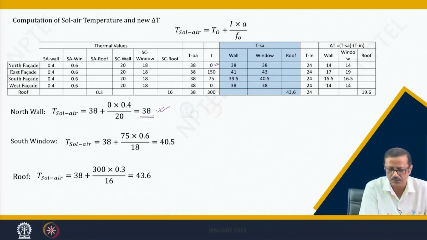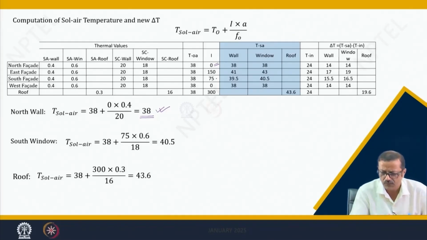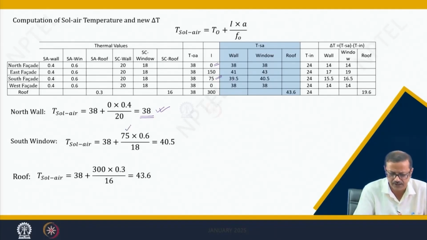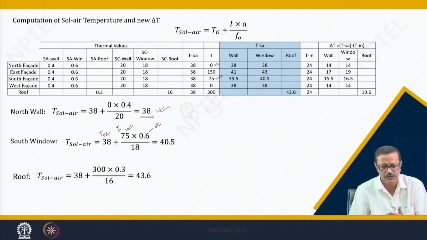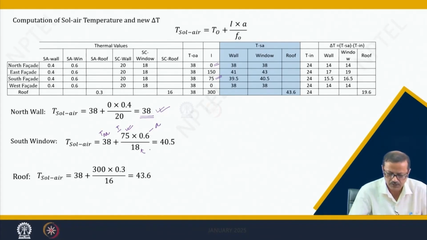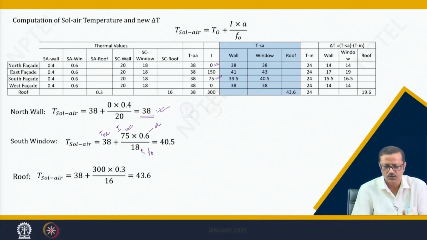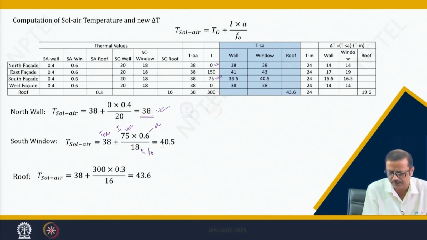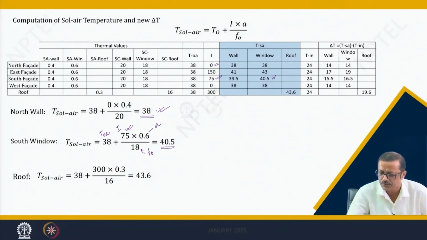Whereas in the south facade the solar radiation I value is 75, this is the T_OA, this is the absorbance for the windows, and this is the F naught for the windows. So, there is a little hike in the temperature: instead of 38 you have to take 40.5.